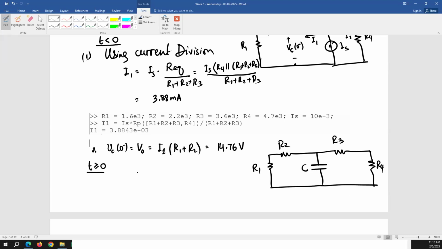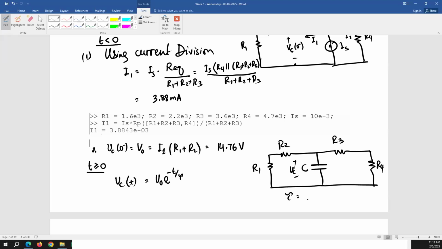We know the equation, of course. The equation is going to be VC(t) equal to V naught e to the power negative t over tau. We found V naught already, 14.76. Let's find tau. So who is going to tell me what would be the expression for tau? Remember, to find the expression for tau in the source free circuit, you combine all the resistors across the capacitor.